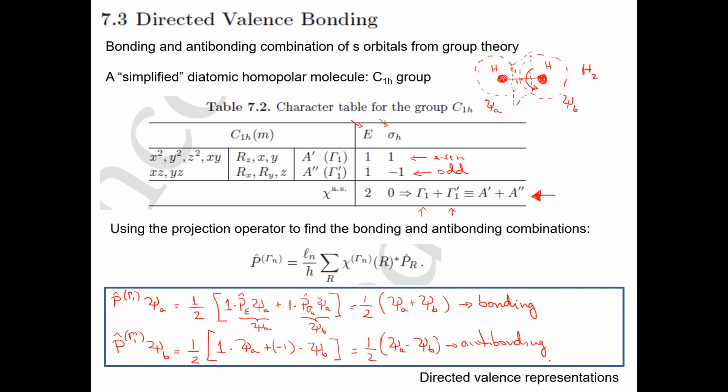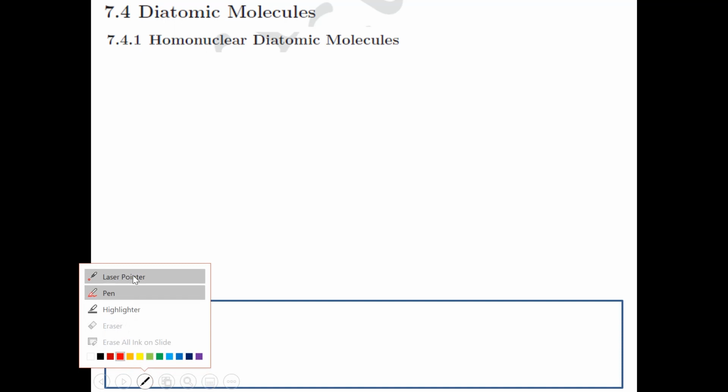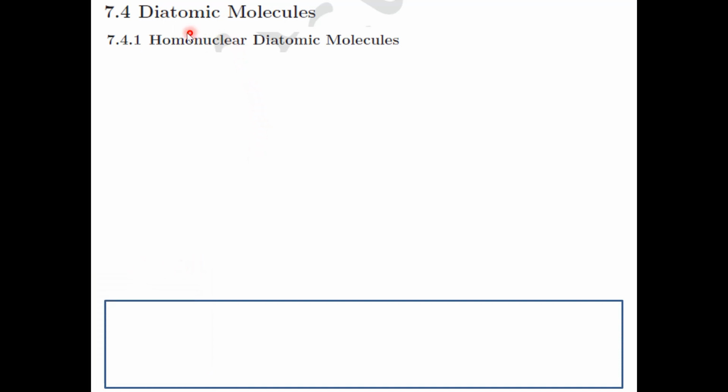So let me discuss now, using the full description of symmetries, the case of diatomic molecules, and this is section 7.4. I will start with the simpler case of homonuclear diatomic molecules.